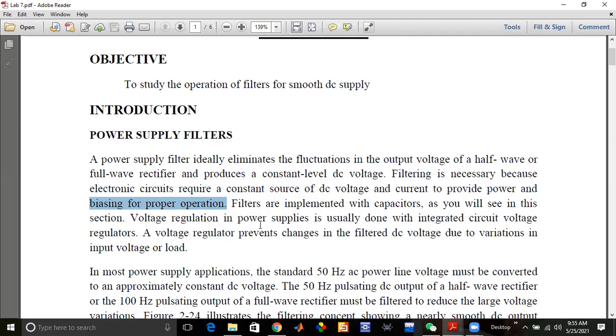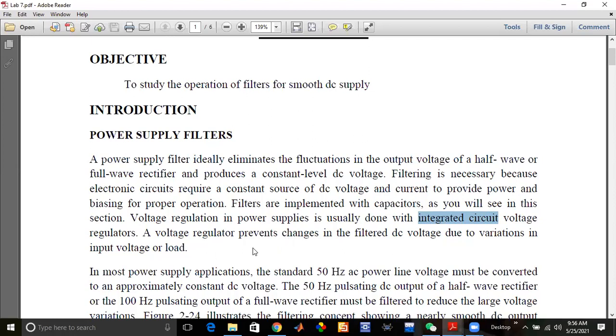The voltage regulation in the power supply is usually done with an integrated circuit, IC. We will use a capacitor for the filter, and for regulation we will use integrated circuits, and this IC will be 7805 for positive and 7905 for negative regulation.